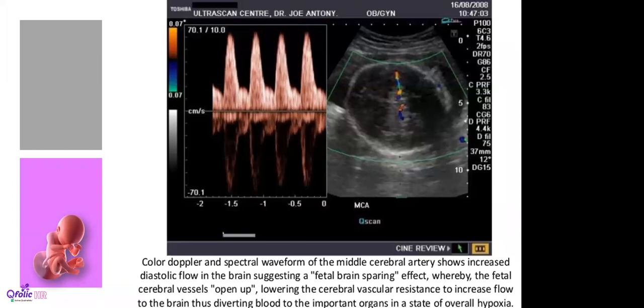So we see that the ratio is mostly increased in normal, but in growth restricted fetuses there is a brain sparing effect, whereby there is decrease in the vascular resistance of the fetal brain vessels to increase the flow to the brain, thus diverting blood to the important organ in a state of fetal hypoxia. So we can see that there is also flow in the diastole. Systolic flow is there. There is also diastolic flow.